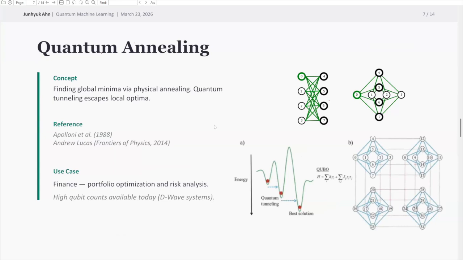The adiabatic theorem in quantum mechanics says that when you have a system in a state vector that is an eigenstate of a Hamiltonian, let's say H1, if we apply small enough perturbations, we can adiabatically move to the eigenstate of a different Hamiltonian. So the goal of quantum annealing and QAOA is to approximate this adiabatic pathway, to start from an initial state and then derive a state vector that's an eigenstate of a desired Hamiltonian.